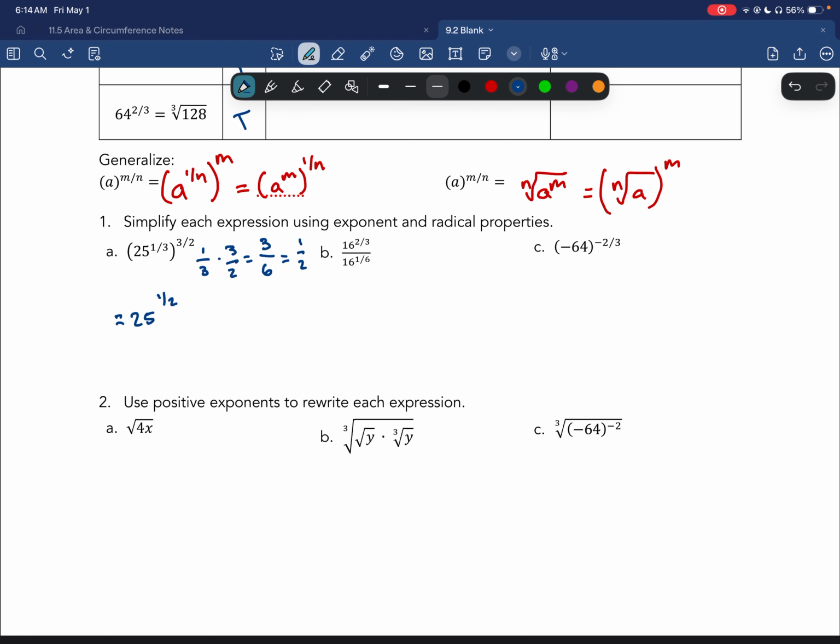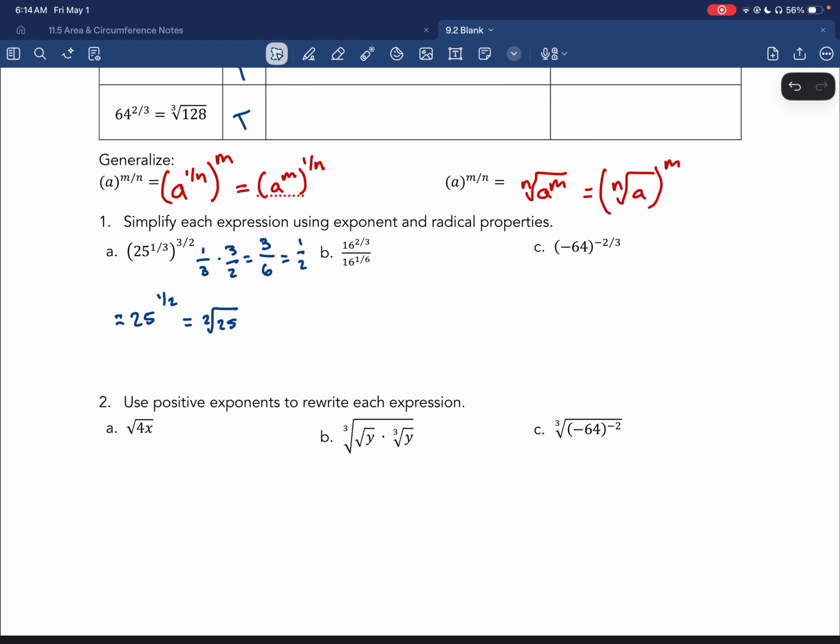Well, I know what 25 to the power of 1/2 is because I can turn this into a square root question. This is the same thing as the 2nd root of 25 because a fraction is always a root. And we don't necessarily need that 2 because for a square root, we typically don't write it.